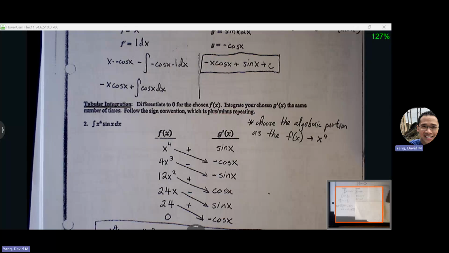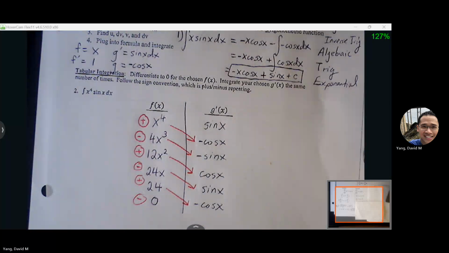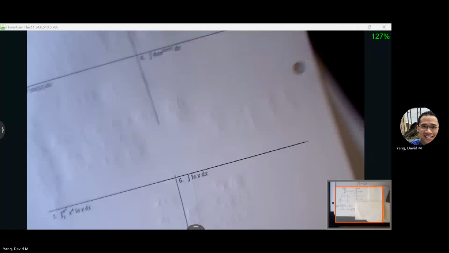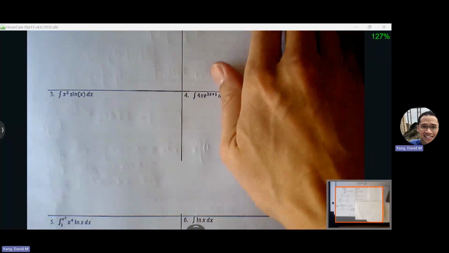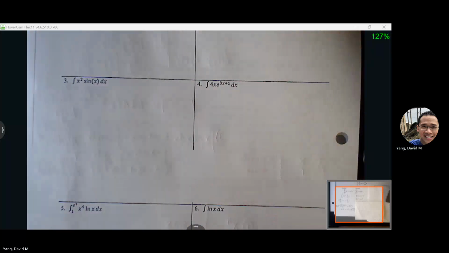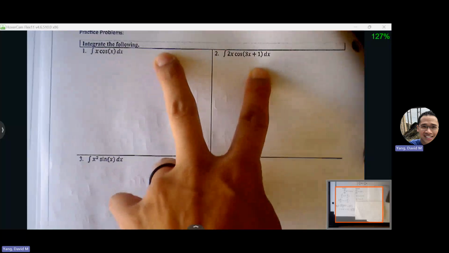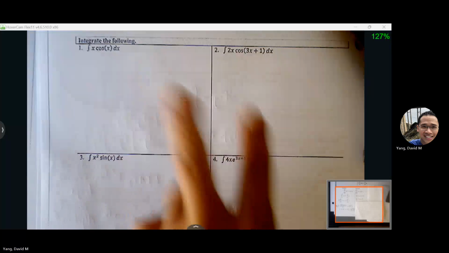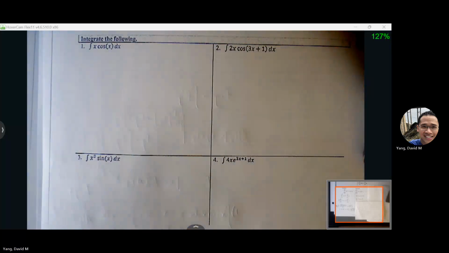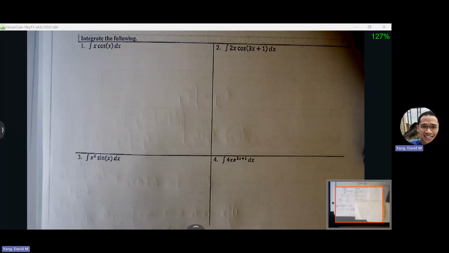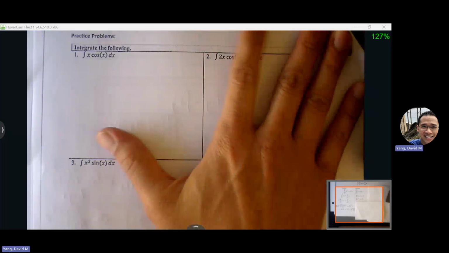Next page. So let's not do the tab method until examples 3 and 4. For 1 and 2, I want you to try going through the original formula again. So go ahead and try 2. I will work through the problem same time that you guys do.